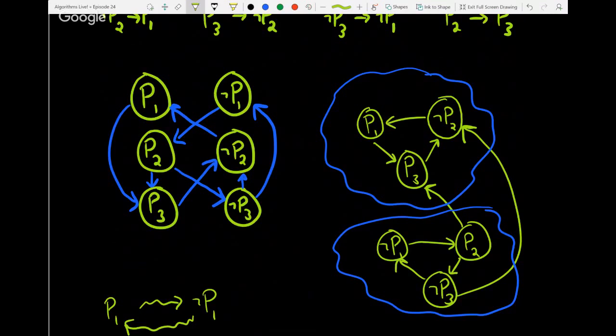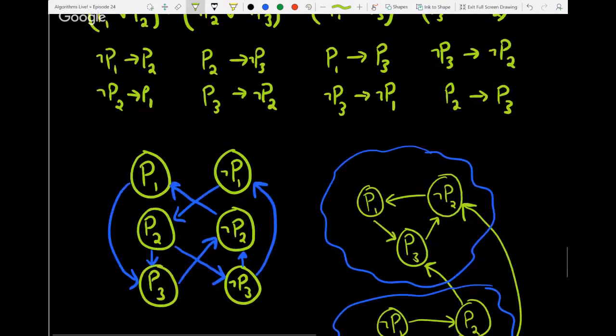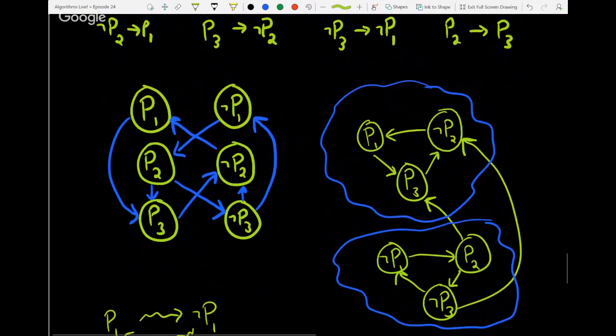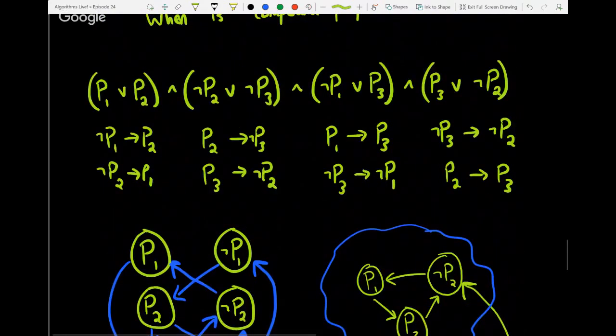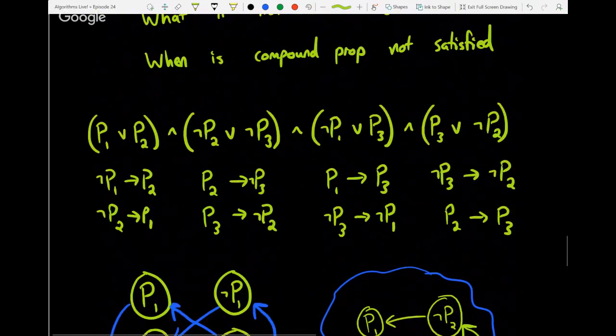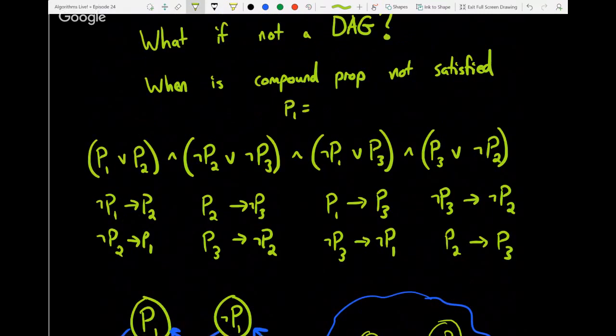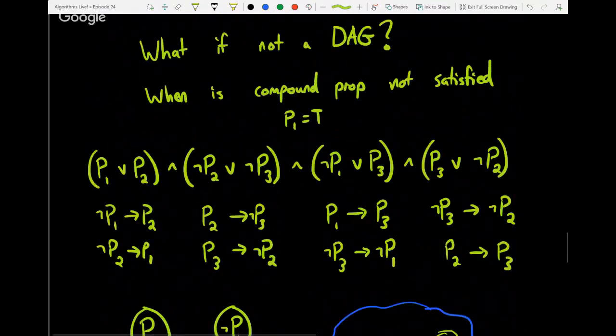And then if anything in a later strongly connected component conflicts with something that's already been taken, so we just save these flags on what's already been taken, then we don't take that entire node in the strongly connected component. So you'll notice a satisfiable statement here is P1 is true, P2 is false, and P3 is true.